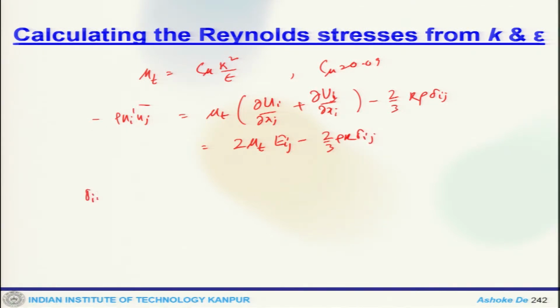Now, delta ij is 1 for i equals j, and 0 otherwise. So, this 2/3 rho k delta ij term is the normal stress which sums to k, but one has to note that the K epsilon model leads to all normal stresses being equal, which is usually inaccurate.